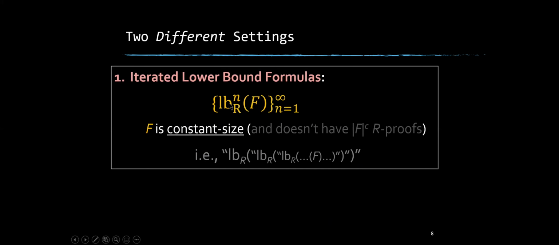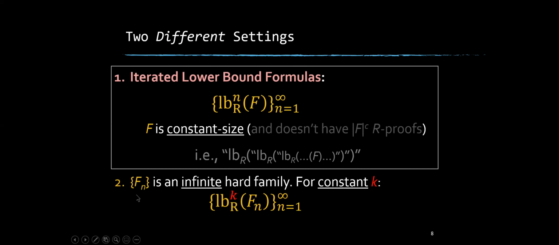So we apply lower bound ad infinitum, and that's how we get an infinite family of DNFs. And we can ask whether it is hard in the sense of whether R possesses short, or polynomial size, proofs of this family of DNFs.